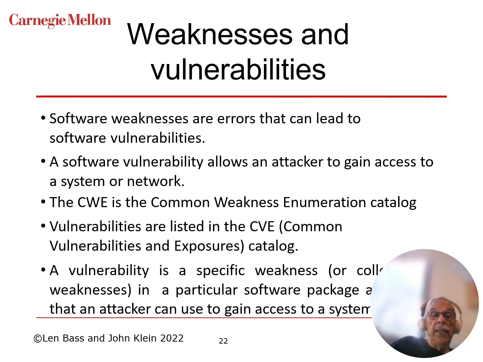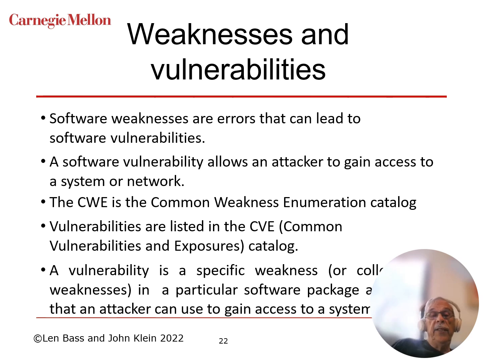A vulnerability is a specific weakness that has a known exploitation path. Somebody discovers a weakness, decides how to exploit it, and then it becomes a vulnerability. Vulnerabilities are enumerated in the CVE, not the CWE.